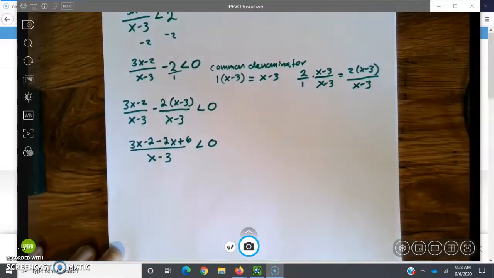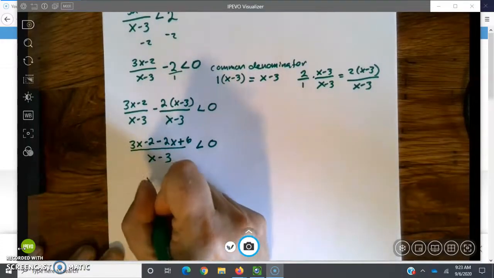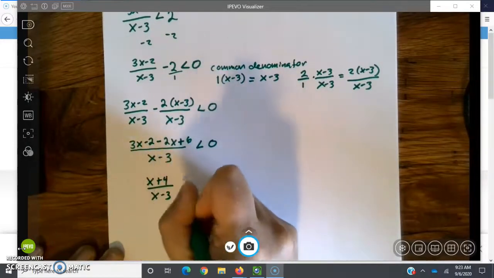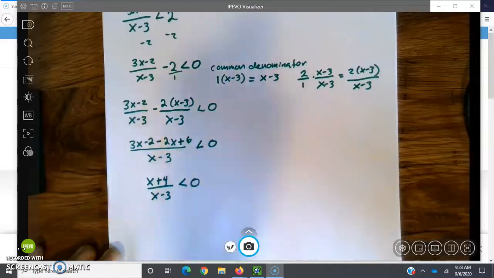So I just distributed that negative 2 into the parenthesis. And now I can collect like terms. And I get (x + 4)/(x - 3) is less than 0. Alright, so this looks more like what we're used to working with.